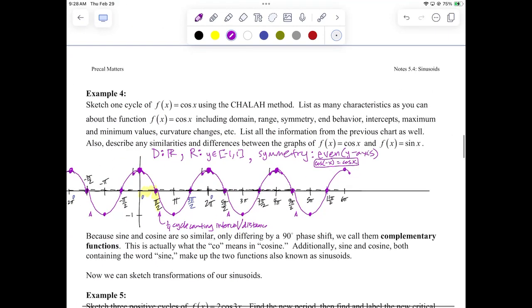All right, we have a local maximum again, local max and a global max of y equals 1. What else do we need to do? Oh, inflection values. We have inflection values again, right?